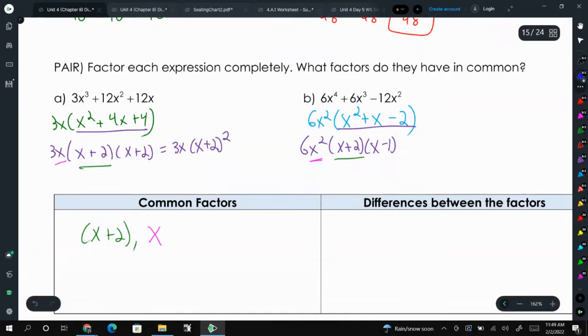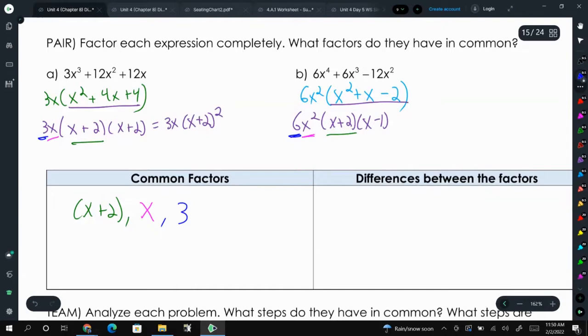But when we look at the 3 and the 6, they both are divisible by 3. Even though you don't clearly see a 3 in the left one right here, 6x squared, we know that 3 is a factor of 6. So the common factors we have here are x plus 2, x, and 3x.